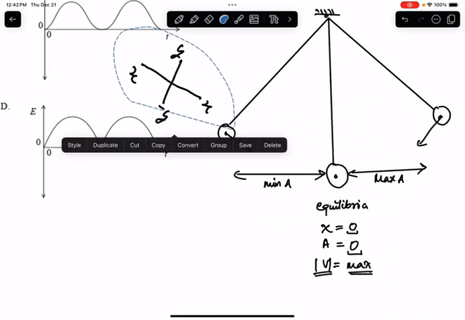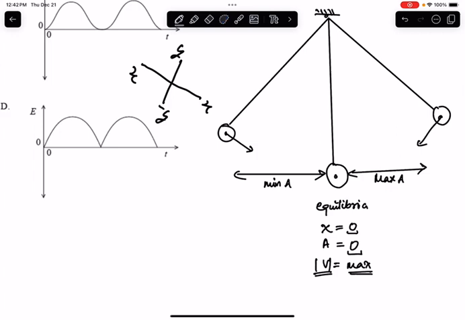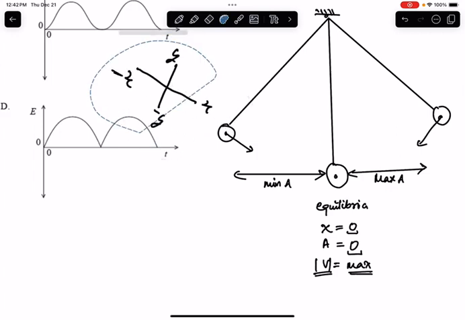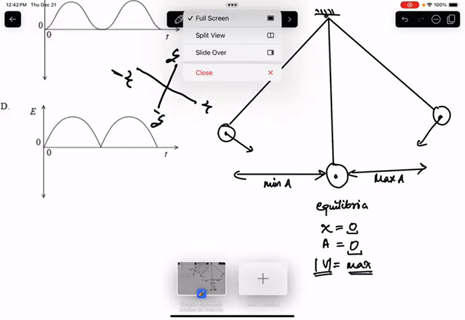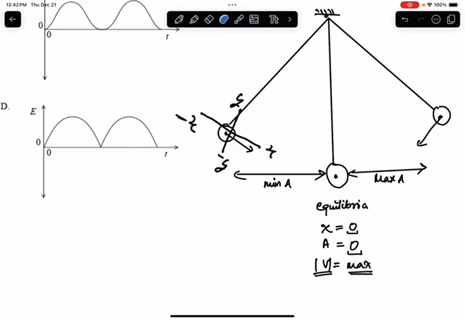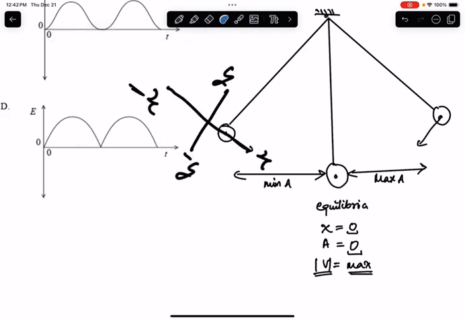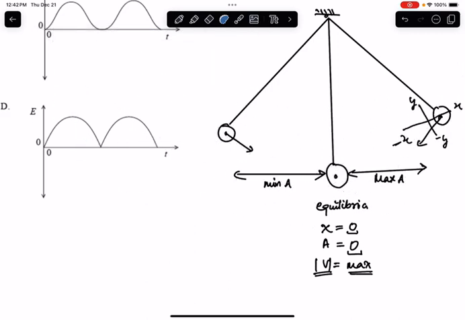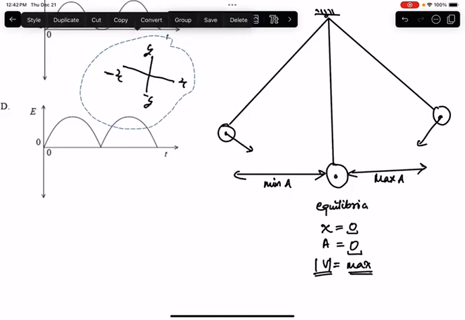Actually, in this case, this should be negative x, because you're going to the left. So you get this axis movement that's going on in a given pendulum. This is how the pendulum works.